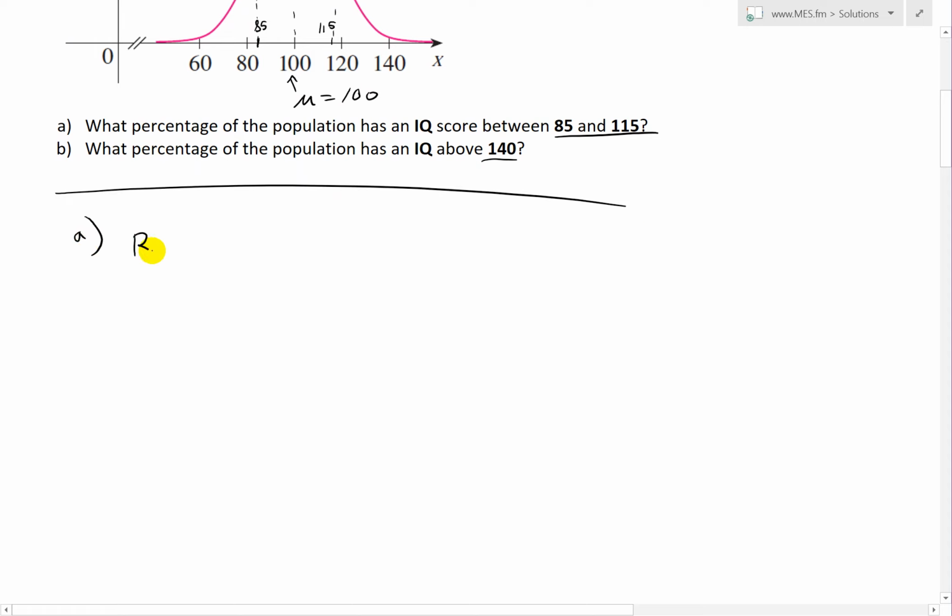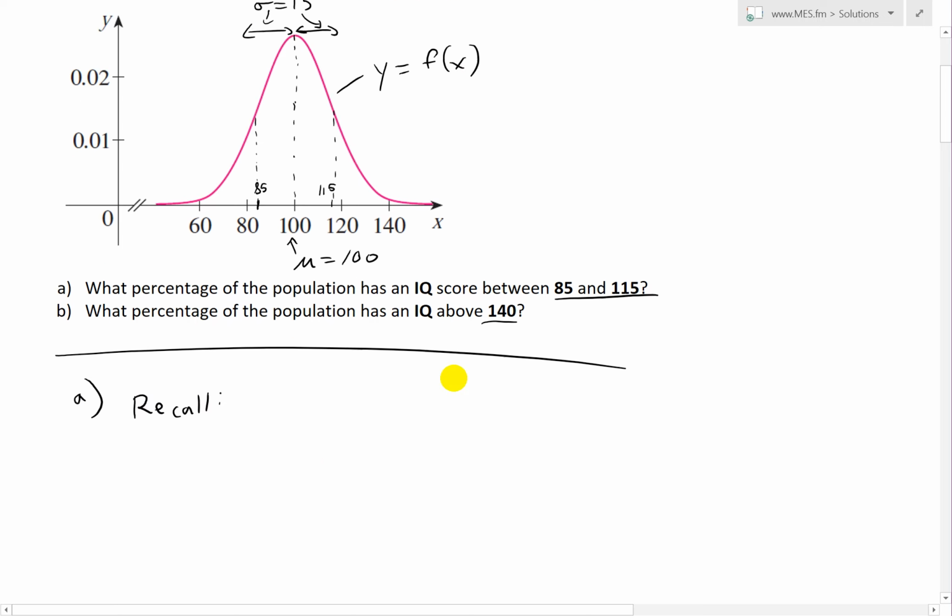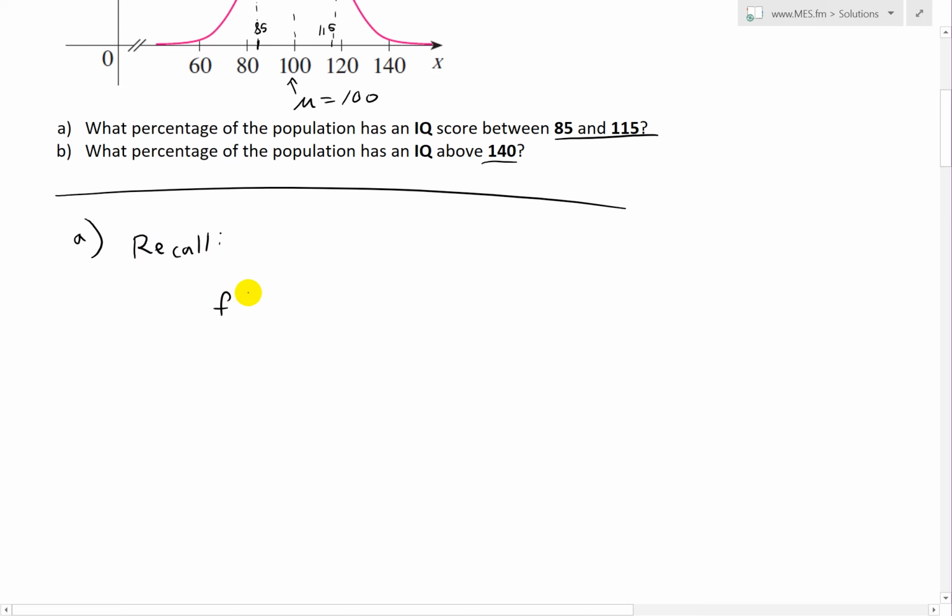Recall the probability density function for a normal distribution: f of x is equal to 1 over sigma, the standard deviation, times the square root of 2 pi, times e to the power of negative x minus mu, where mu is the average or mean, squared, divided by 2 sigma squared.